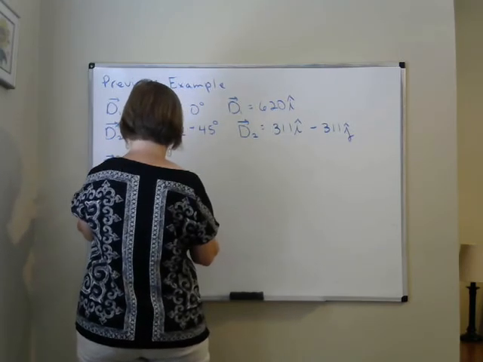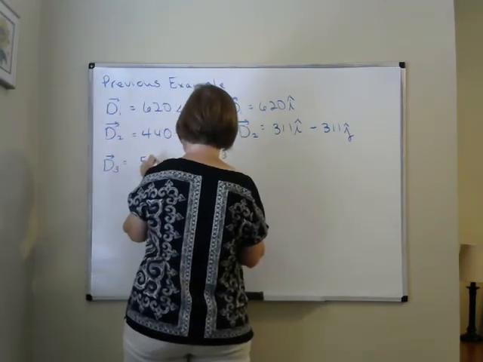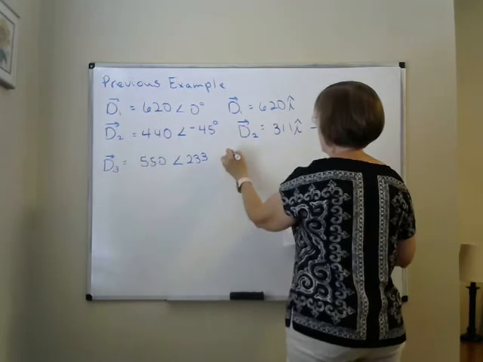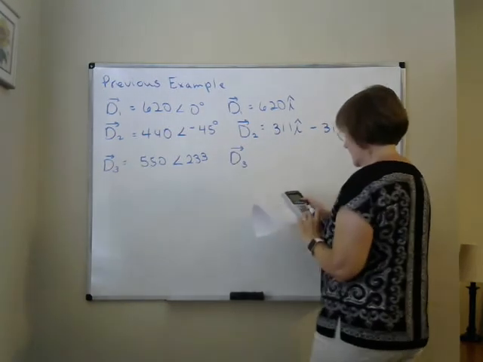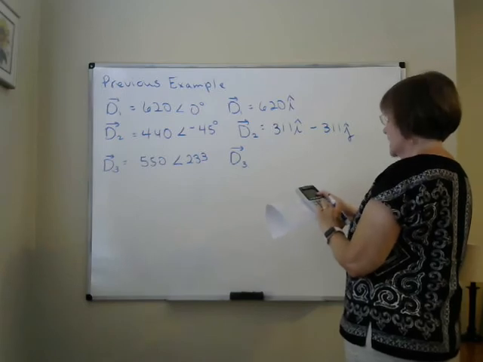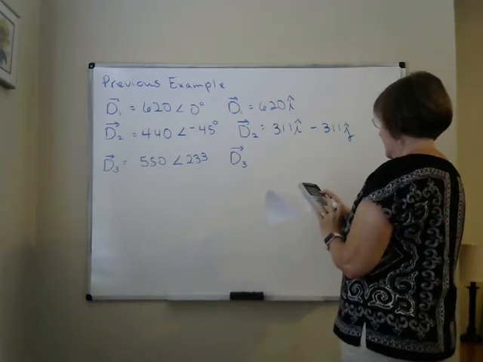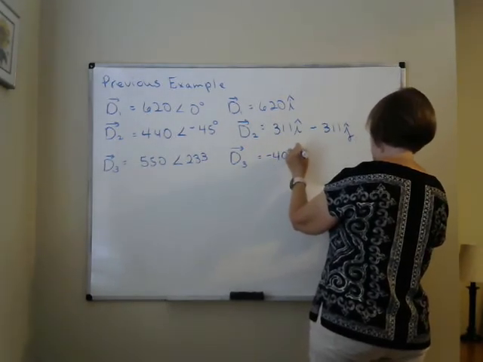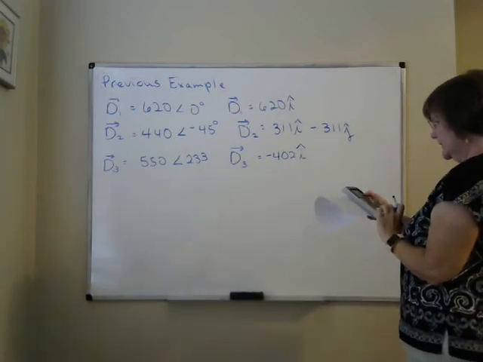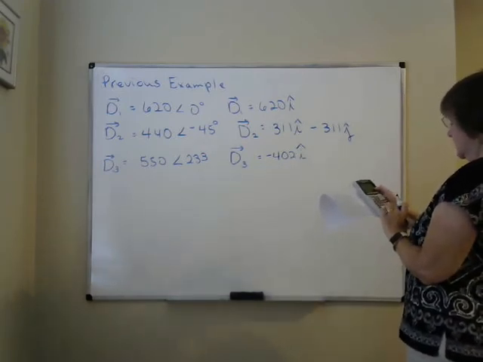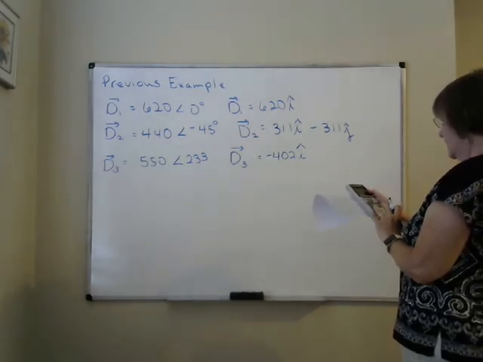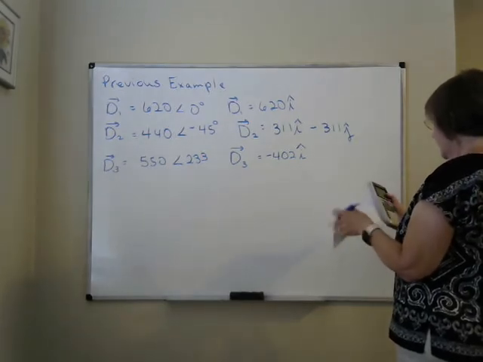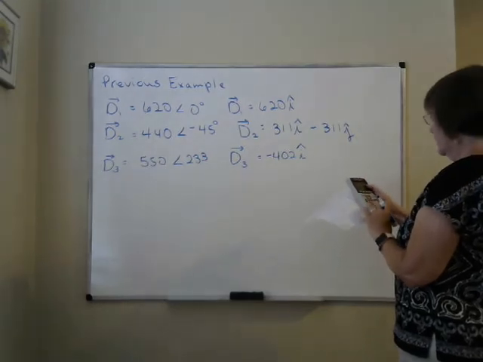The third vector was 550, and it was at an angle of 233. If I write this using unit vectors, 550 cosine 233 was negative 331 in the I direction. Whoa, I made a mistake here, I typed in 223.